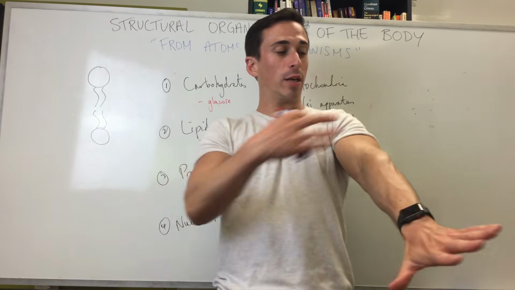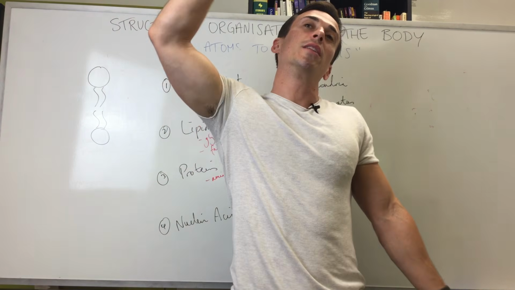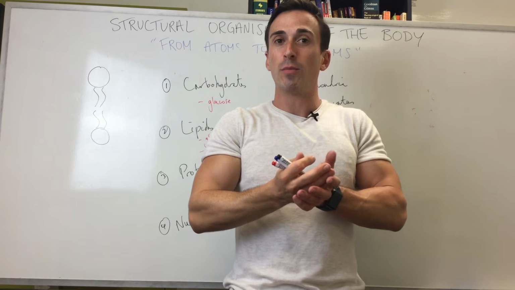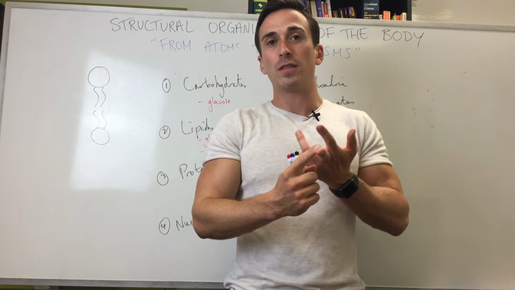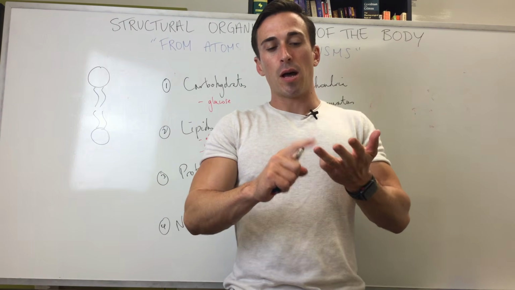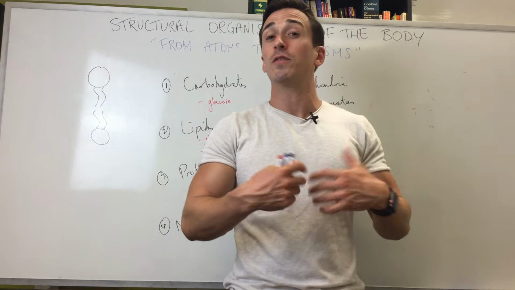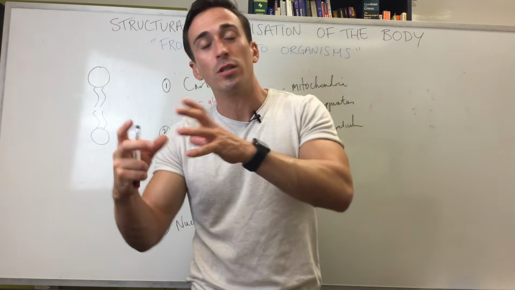For example, when you're looking at me, you're looking at my epithelium. If you took an endoscope and looked down into my mouth, down my esophagus and into my stomach, you'd be looking at the epithelium of that tissue. So epithelium lines organs, connective tissue holds organs together, muscular tissue allows for movement of the body, and nervous tissue allows for communication of the body. This is when you have similar cells forming these certain tissue types.